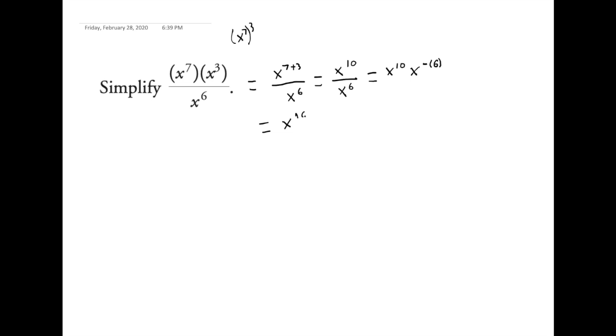So simply put, it's going to be 10 minus 6. This number is becoming more negative when you add on a negative number to it. So now we have x to the power of 10 minus 6. And that simply can be stated as x to the power of 4. So that's your simplified answer for this question.